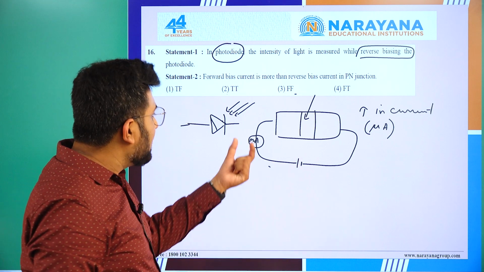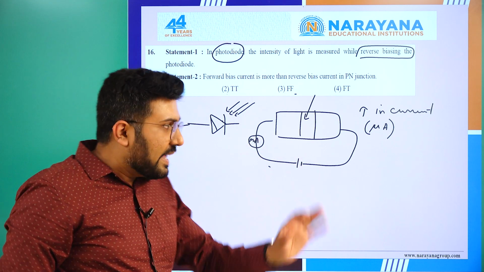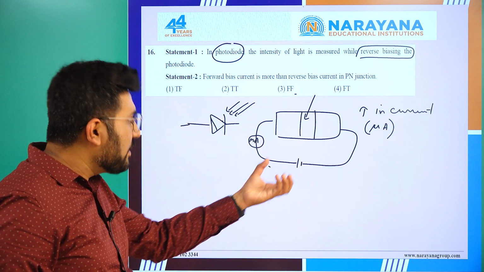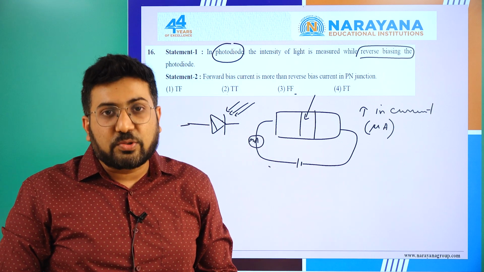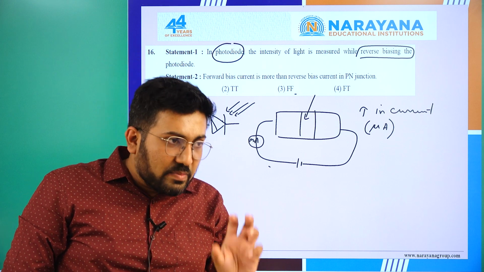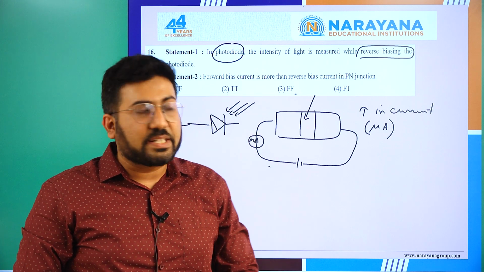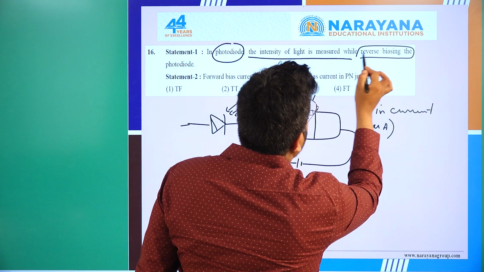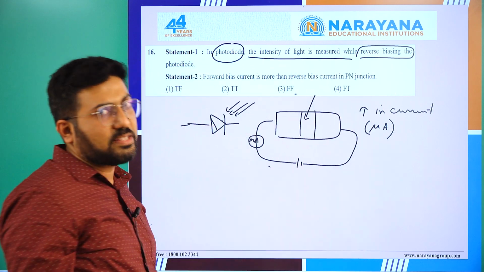In reverse bias, the current is already in microamperes and the change in current is also in microamperes. So the microammeter placed there will be able to detect the minute change in current, and from that change in current you measure the intensity. So that is why in a photodiode the intensity of the light is measured in reverse bias only.